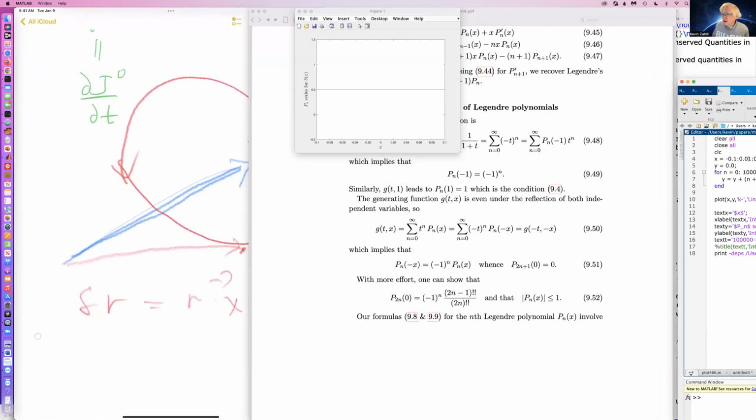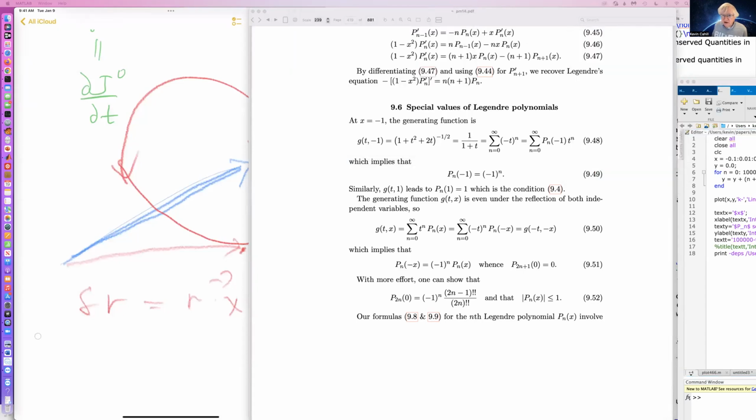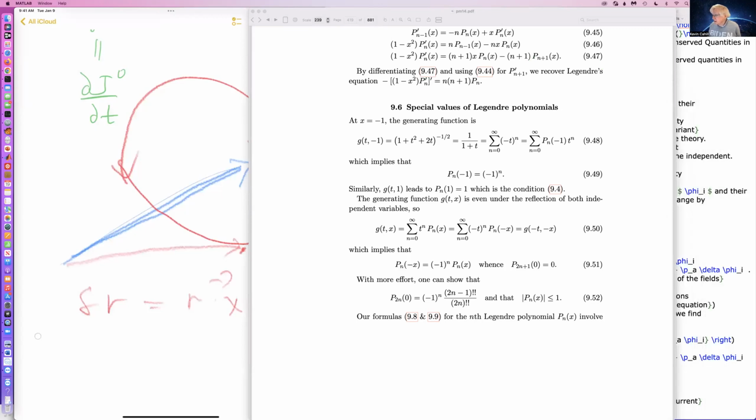So I'm not going to try to puzzle this through. I thought this would be simple and instructive, but I'm getting an error. There's apparently an error in the code, and I'll just have to figure that out and show it to you tomorrow.